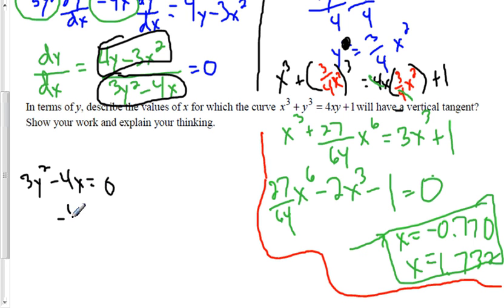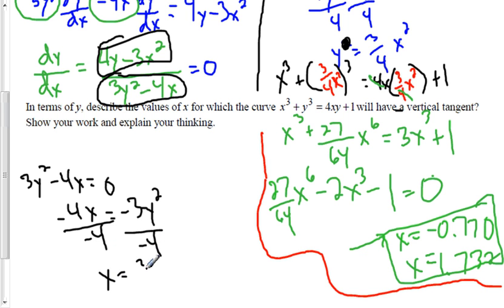And so now negative 4x, and again it was in terms of y, negative 4x equals negative 3y squared. Let's divide both sides by negative 4. So x equals 3/4 y squared. And again, what did we just find out?